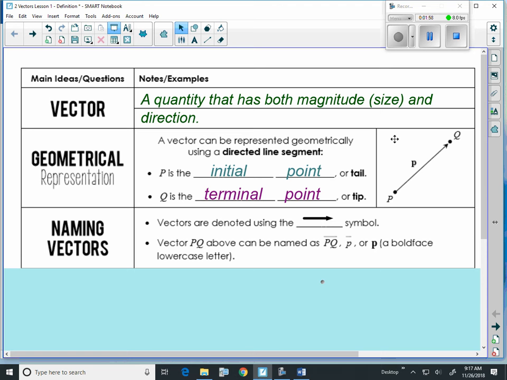That means vector P, or a bold-faced P. More times than not, it's going to be written the first way, where you have like vector PQ with the arrow above it. That's how we'll have that most often. Okay. Questions before we move on?